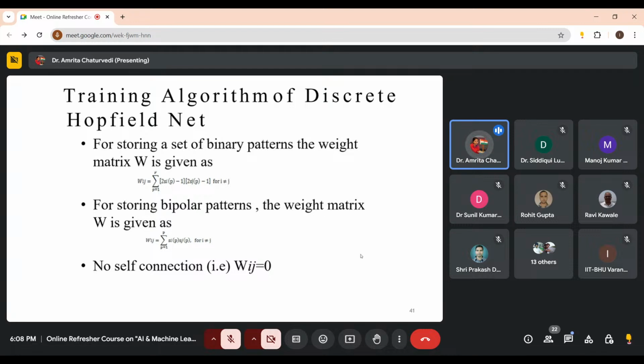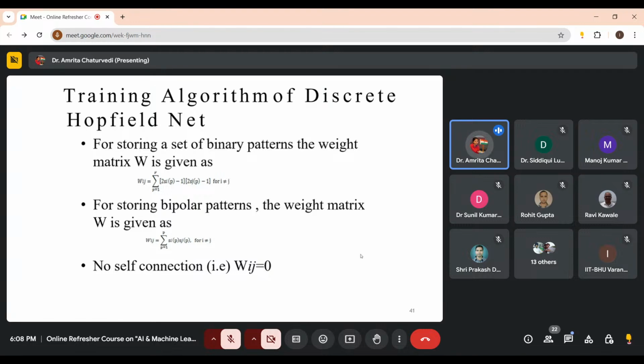Let us see the training algorithm of discrete Hopfield network. For storing a set of binary patterns, the weight matrix W is given as Wij = Σp (2Si(p) - 1)(2Sj(p) - 1). This we are doing to keep the weight matrix bipolar.